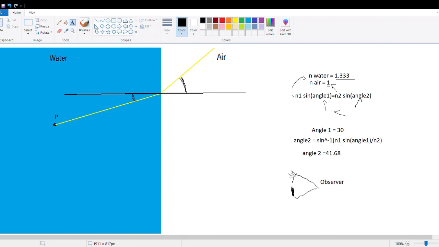Now, there is a limit to this. For example, if we have an angle that is, let's say, 89 degrees, to make it as clear as possible. So let's draw something that is about 89 degrees.